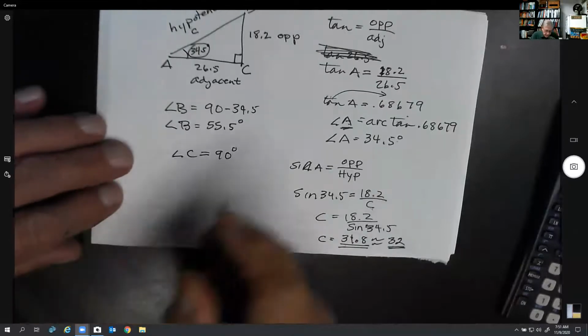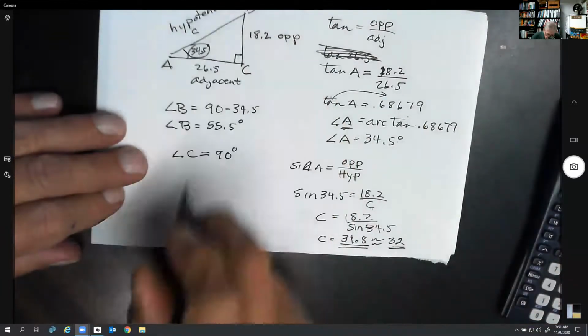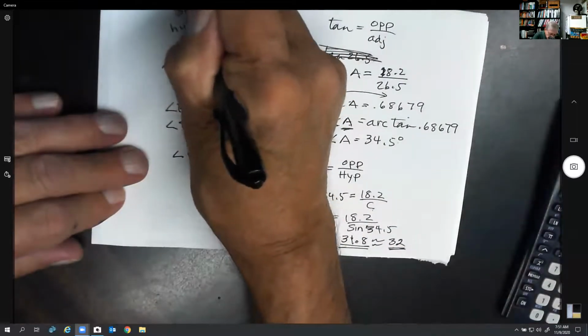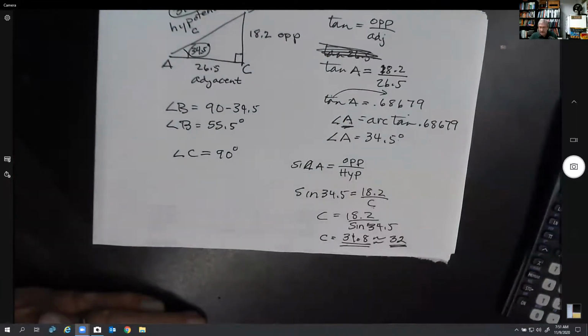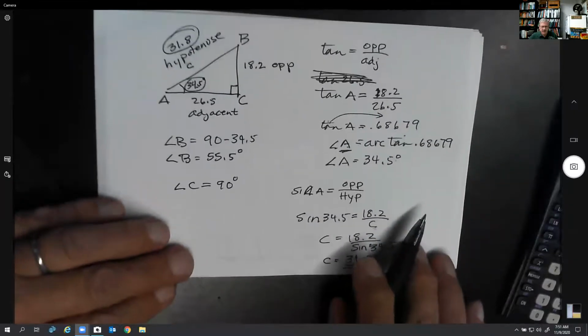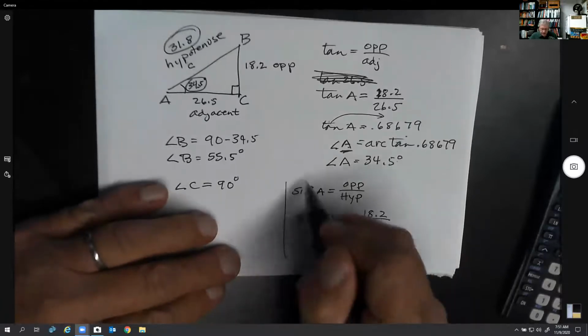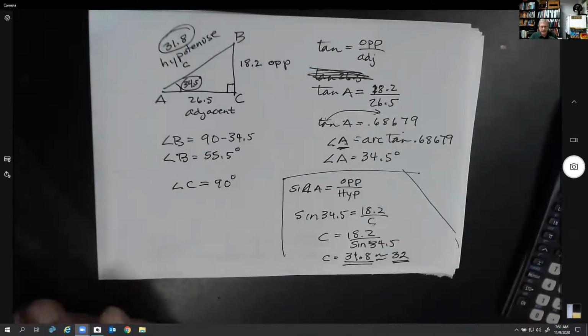So let's put that in our drawing. This was 34.5, and this is about 32. Well, I put 31.8. They came up with a slightly different answer, and it could have been in the way we rounded it. These are not exact answers because they're approximations. But this would be a lot faster than trying to use the Pythagorean theorem. That's why we like to use the trig ideas.